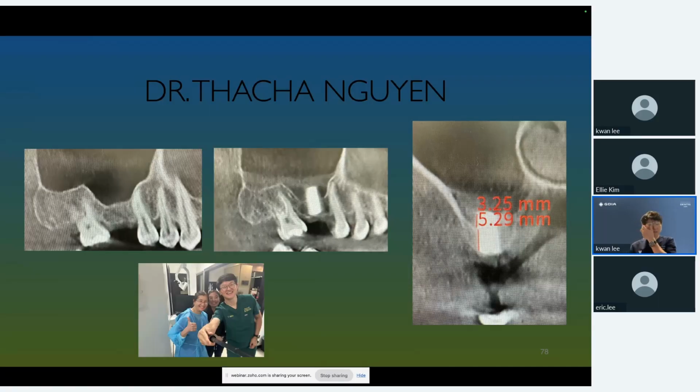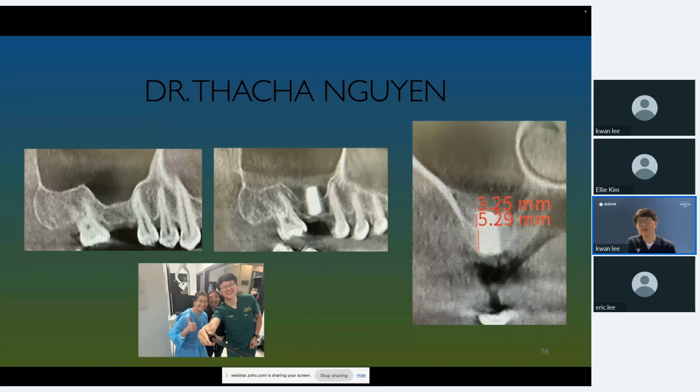Lastly, I want to share the doctors' cases. This is Dr. Nguyen's case. When I went to the GDIA Mexico, she said, I don't want to do the lateral sinus. After the lectures, she took my course a couple of months ago, went home, and texted me, hey Dr. Lee, I'm so happy.